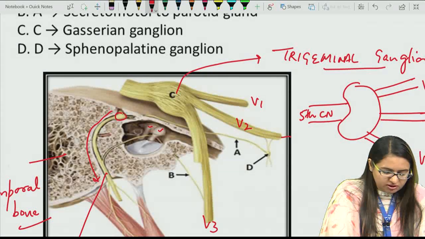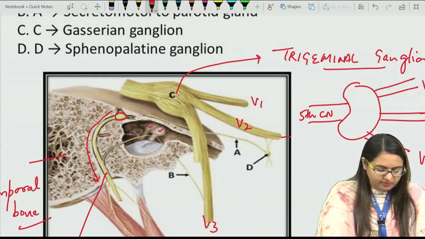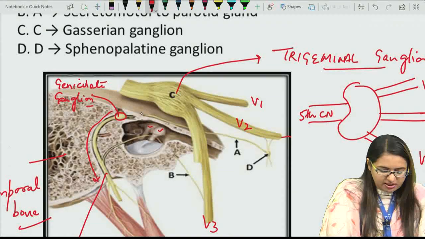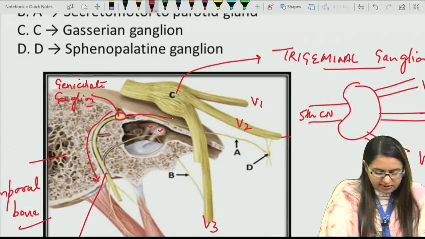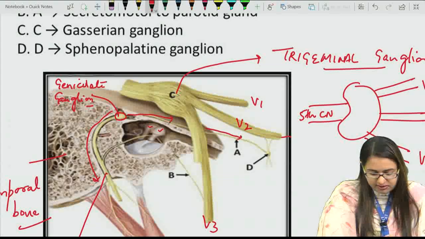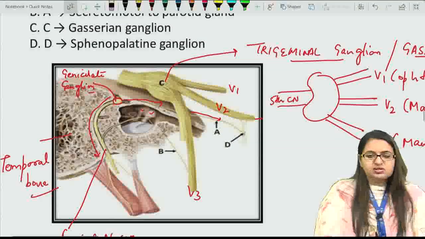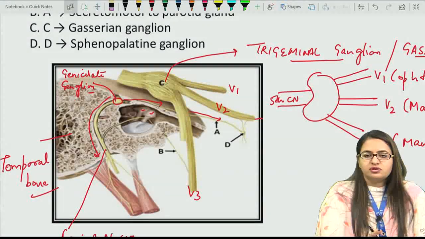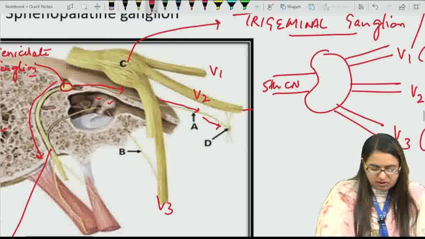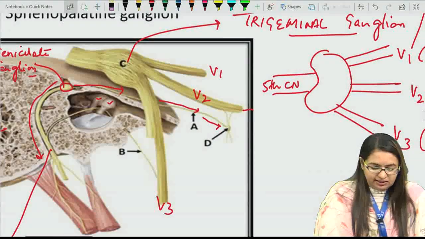This portion of the facial nerve is the geniculate ganglion, and the branch arising from here, going like this, is the greater petrosal nerve. It joins with the deep petrosal nerve to form the nerve of the pterygoid canal, and it will finally reach the sphenopalatine or the pterygopalatine ganglion.